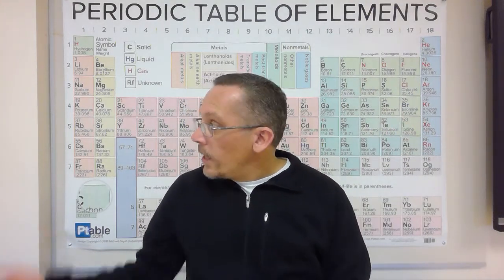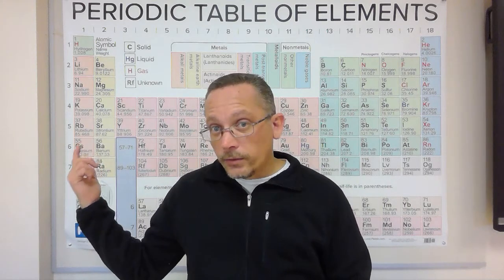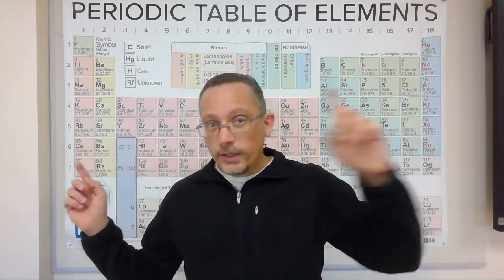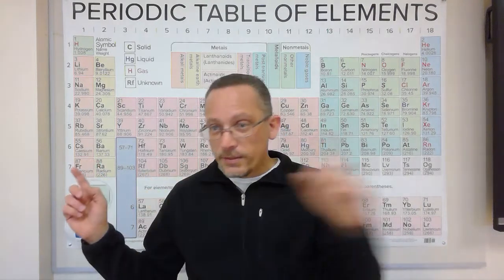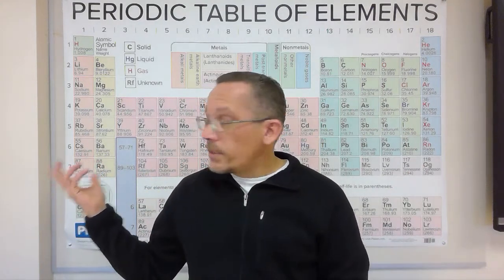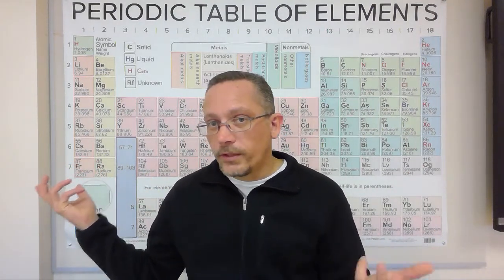The next column over, the oxygen group, the chalcogens, will share two electrons because they're two electrons different from the noble gases. The pnictogens, the nitrogen group, will share three electrons because they're three electrons short of the noble gases. The atoms over on this side, the metals, are many electrons short of the noble gases, so they will not form these covalent compounds.